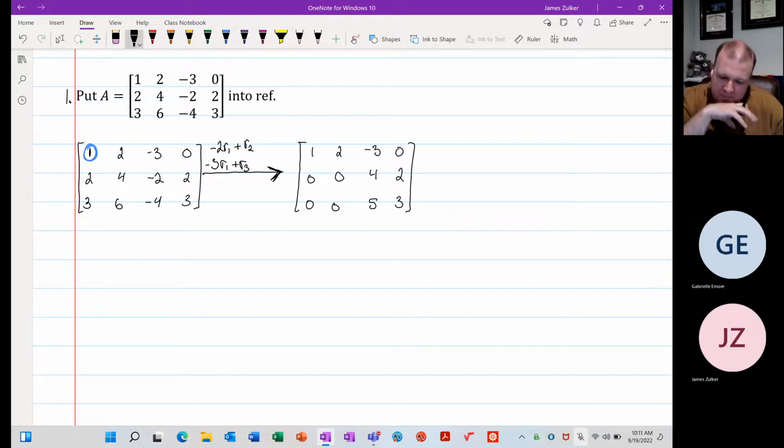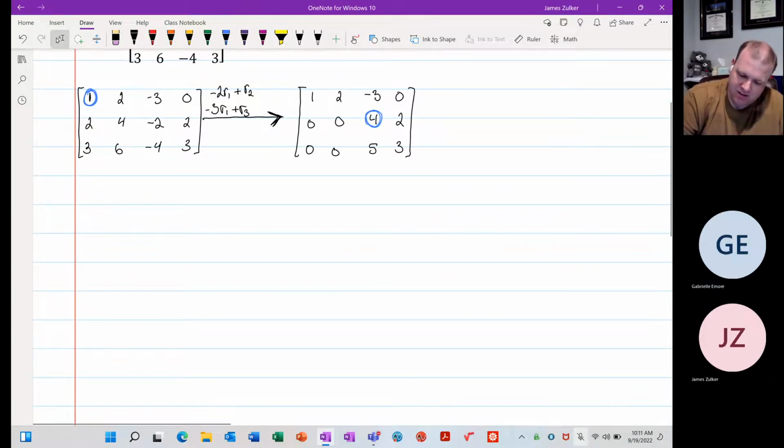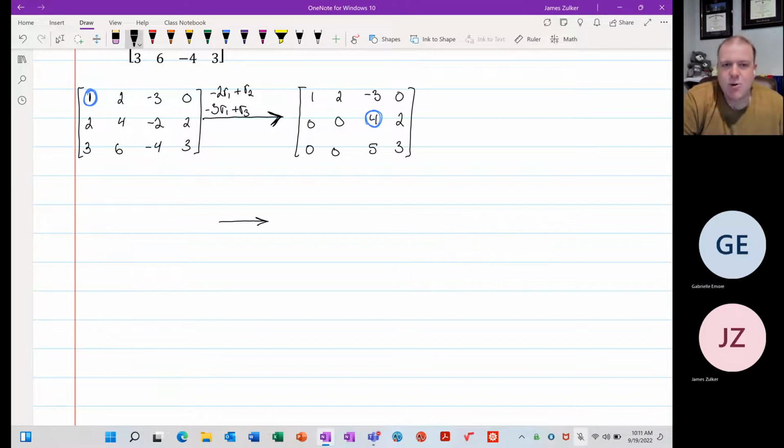Now we play the same game, except we take out the first row. The first column with a non-zero entry is the third column, and its first non-zero entry is this 4. We zero out everything below that 4.